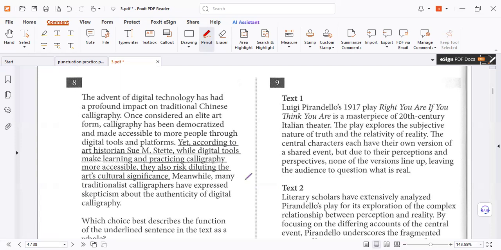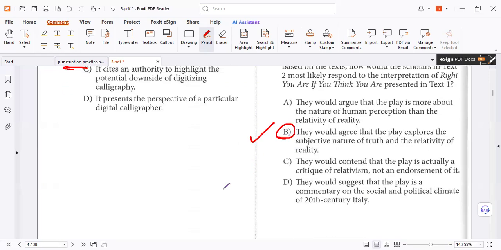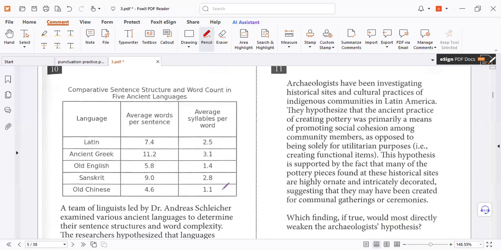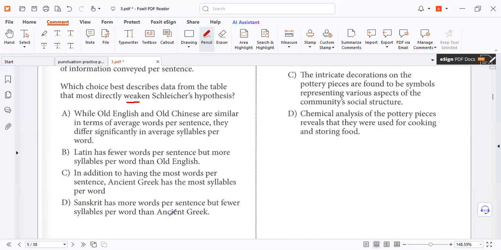Is it letter B? Number 9, letter B. Correct. Number 9.